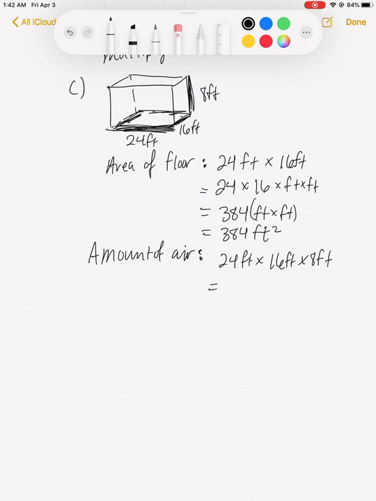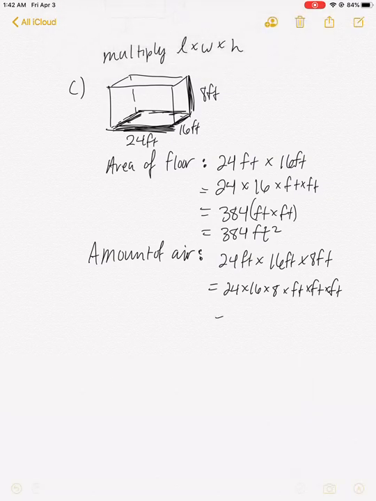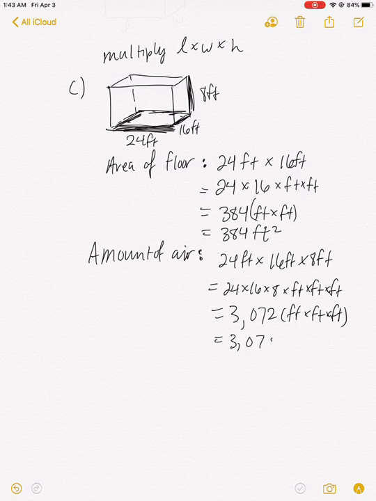That's the same as 24 times 16 times 8 times feet times feet times feet. When we multiply the numbers together, we get 3,072, and then we add our feet times feet times feet, which is the same as 3,072 feet cubed. That's how much air is in there.